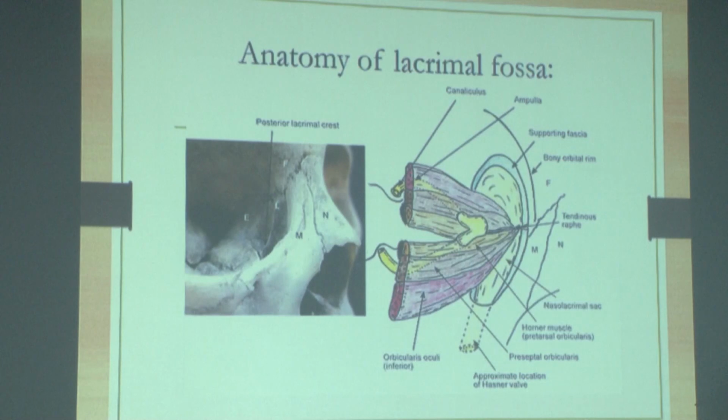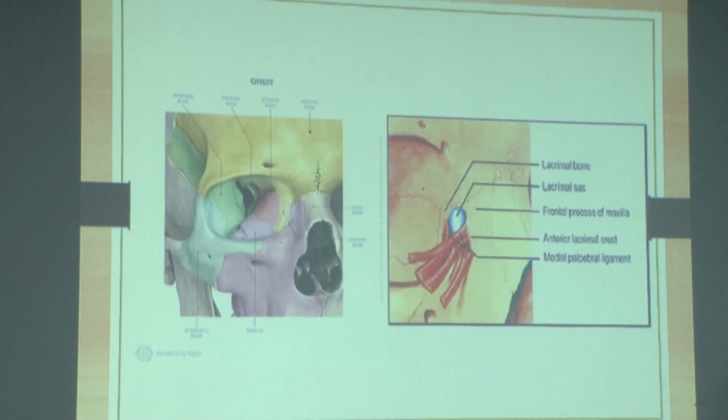Before we go into the details, as we have discussed, the anatomy: this is the lacrimal fossa, this is the anterior lacrimal crest, and this is the posterior lacrimal crest. In between these, the sac lies. Under the skin there is the orbicularis muscle, which forms the medial palpebral ligament or medial canthal ligament, and the medial canthal ligament has two crura which wrap around anteriorly and posteriorly over the sac.